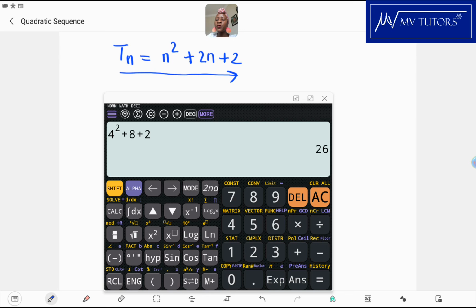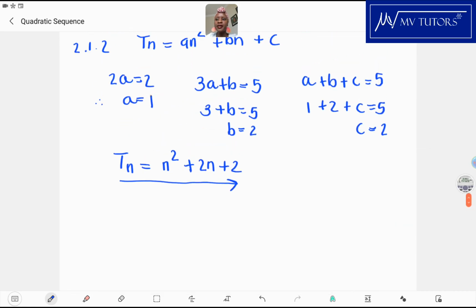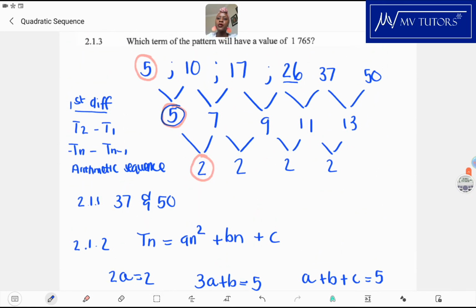Let's check the sixth term as well. 6 squared plus 12, 2 times 6, and then plus 2, that is 50. So I am confident the fourth term was 26 and the sixth term was 50, and that my equation is right.